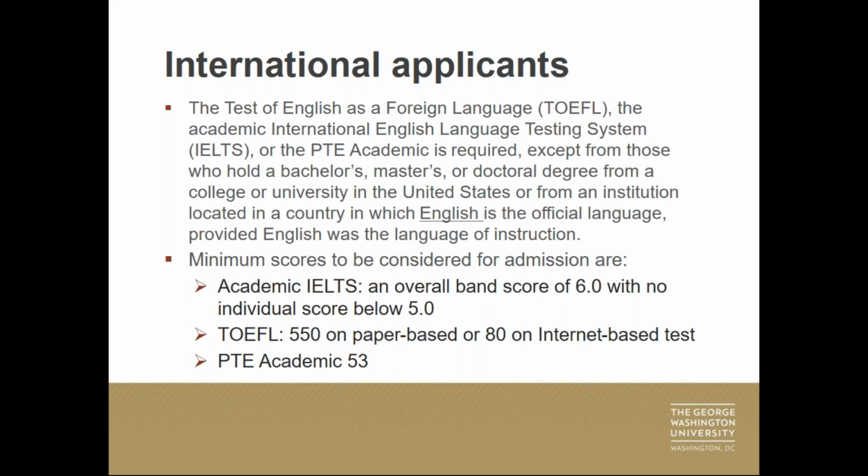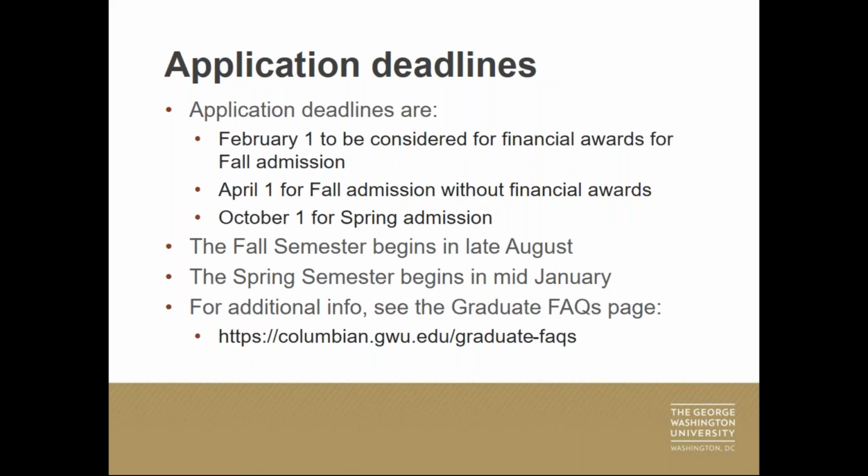If you're applying for any financial awards, your minimum needs to be 100 on the internet-based TOEFL. So just keep that in mind. And by the way, there's no flexibility on that. If you don't meet the minimum score, you will not be considered for admission. So if it's 79 and everything else is great, I won't even see your application because it won't come through.